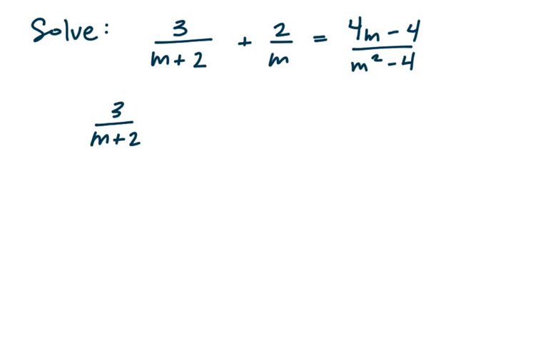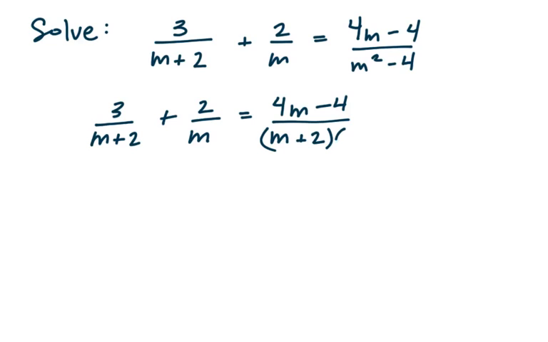And the first two terms, the denominators don't factor, but on that last term, we again have a difference of squares. So I've got m plus 2 and m minus 2.